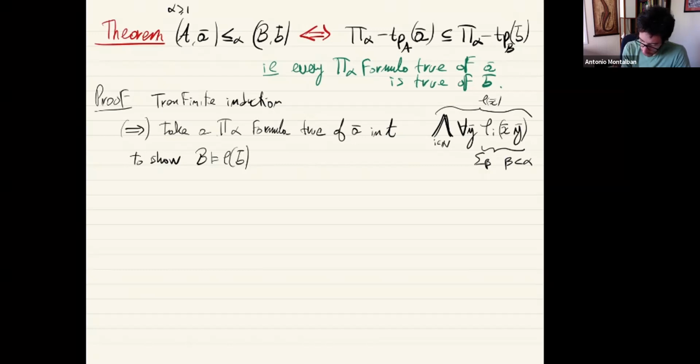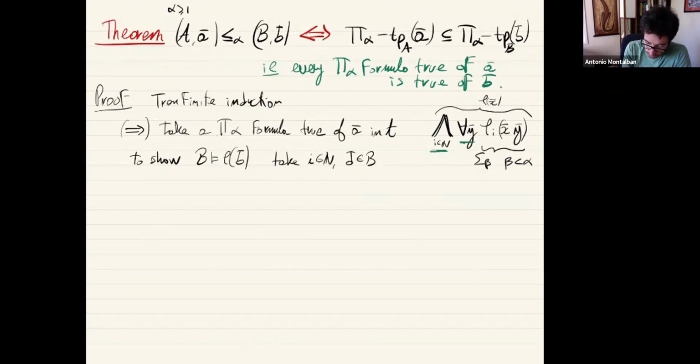So take an i in the natural numbers, and take a d in B. These are the witnesses for this and for this.